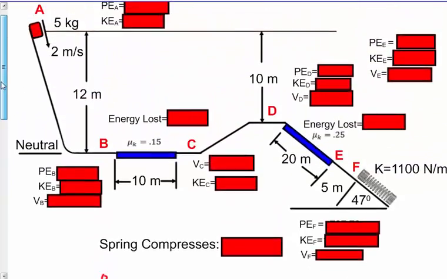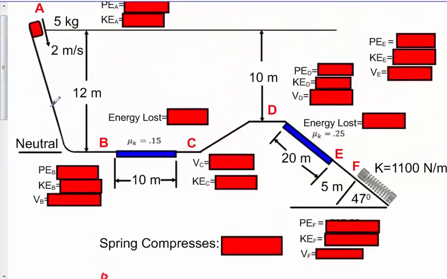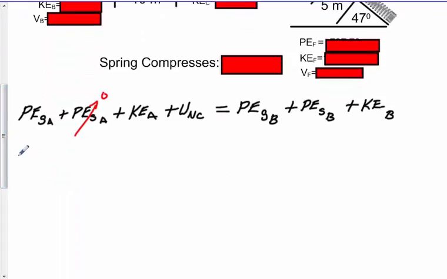So here we go. My initial gravitational potential is going to be this mass times 9.8 meters per second squared times 12. So we'll take 5 kilograms times 9.8 meters per second squared, multiplied by the h value, which is going to be 12.